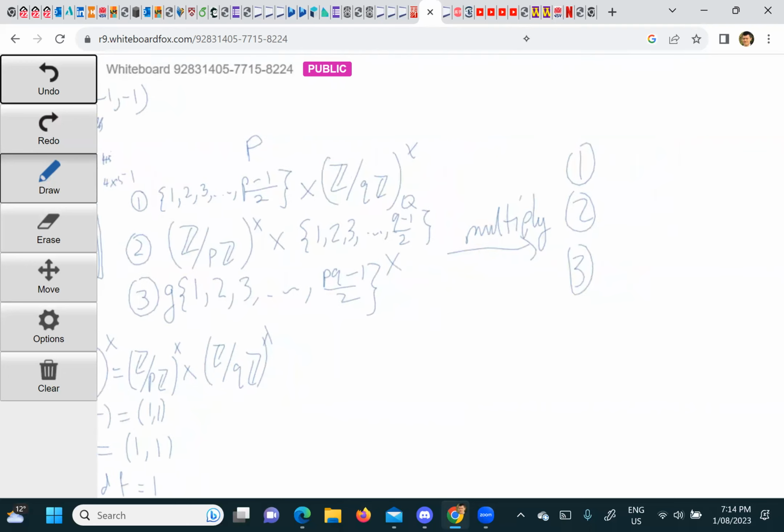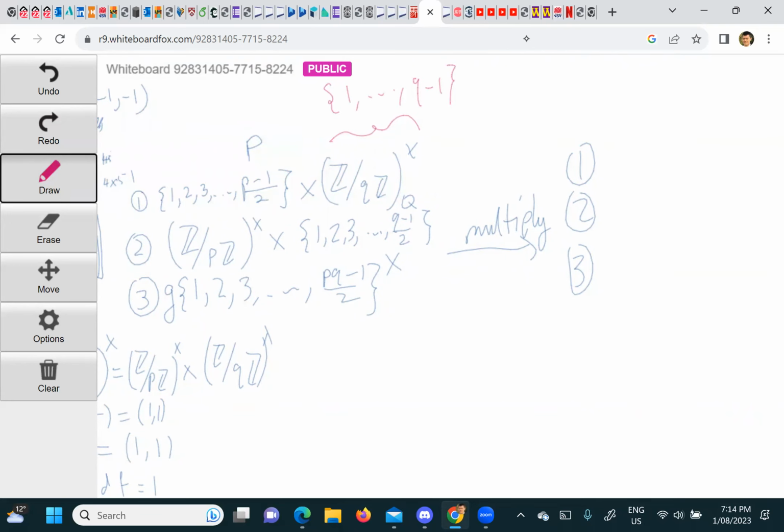So how do we multiply this together? Can you see that this set here is just a set of 1 to q minus 1? If we're multiplying all the pairs together, there are q minus 1 things for each.